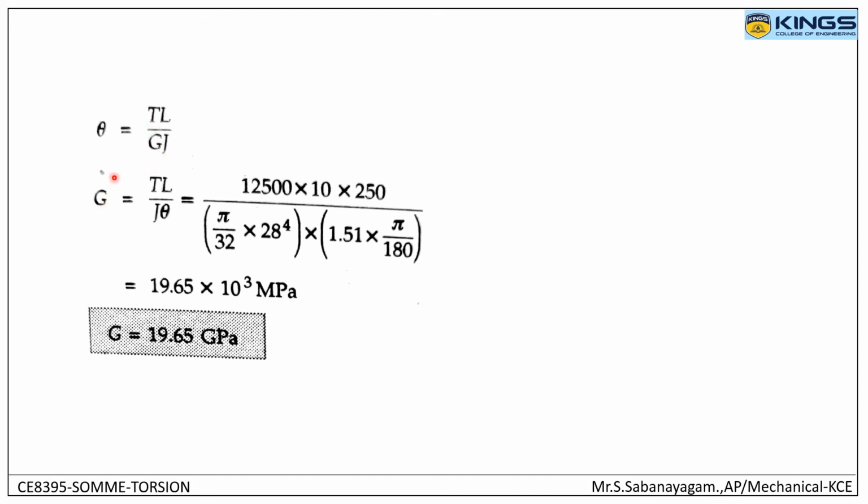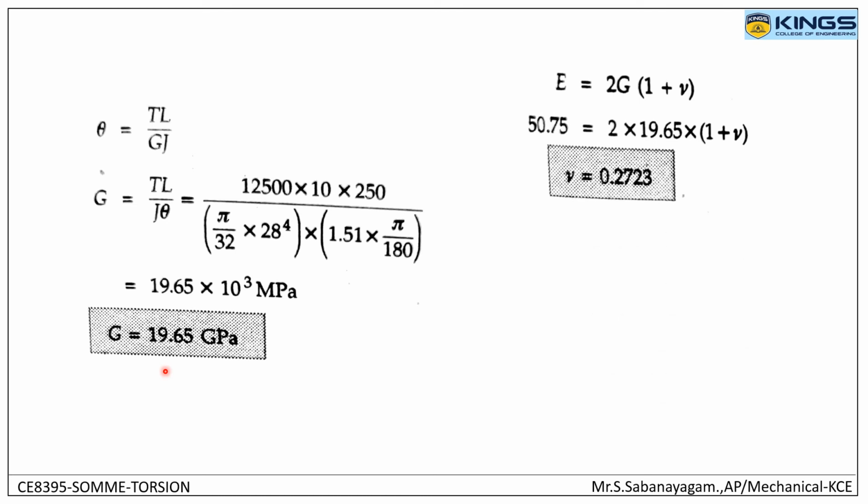So G is equal to TL by J theta. So torque given in the data, and then length given, J polar moment of inertia pi by 32 D power 4, D is also given, and theta. Hence all these data are available, and on solving this relation we will get G, that is modulus of rigidity, is equal to 19.65 gigapascal.